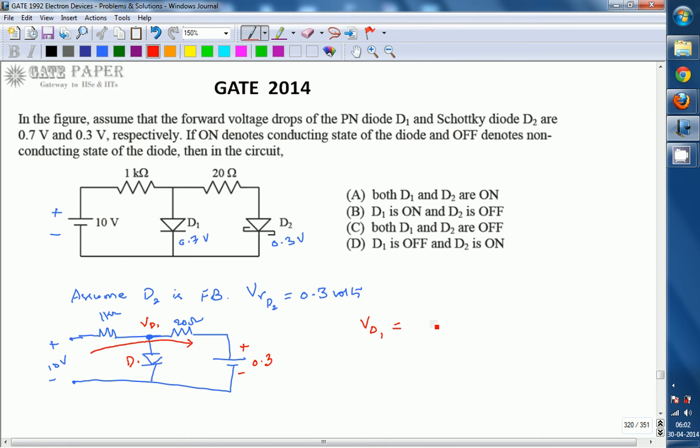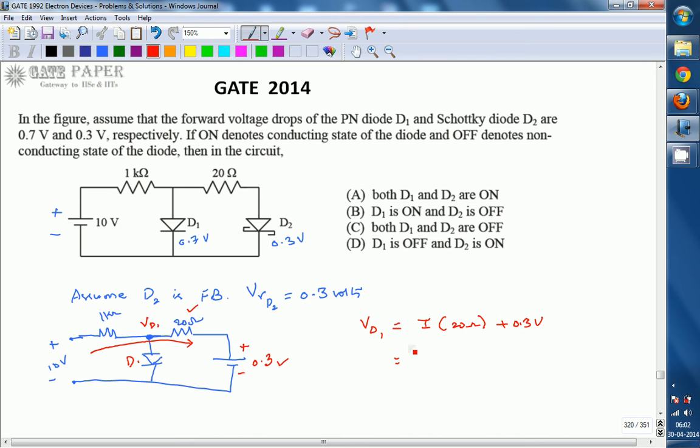So VD1 is the current multiplied by 20 ohms plus 0.3 volts, that is, the voltage drop across the 20 ohms plus the 0.3 volts. The sum of these two is VD1.